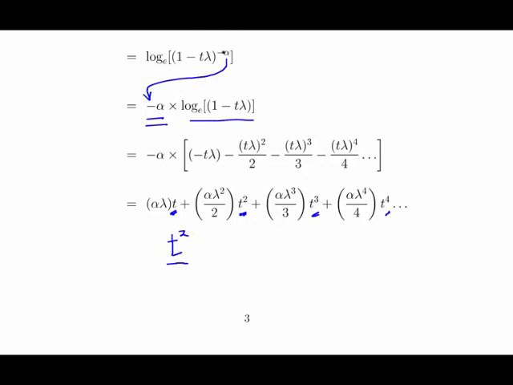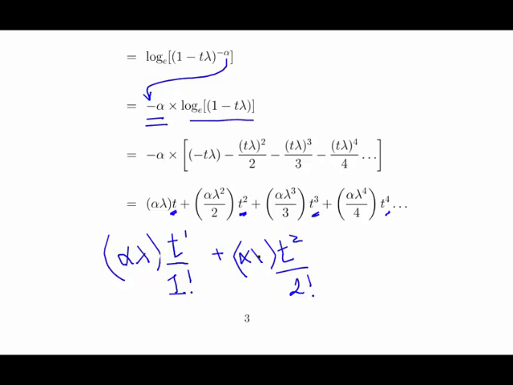So t to the power of 1 over 1 factorial, alpha lambda. And in the next case, what we want is t squared over 2, so essentially 2 factorial, which is 2. And we just re-express what's left, we reconcile it, and we have alpha times lambda squared.